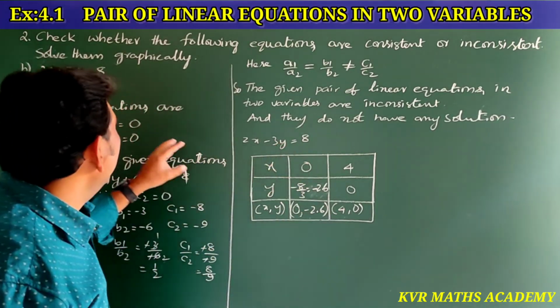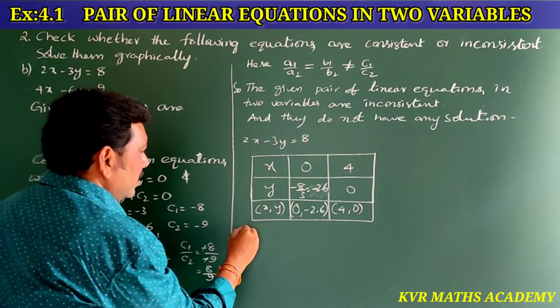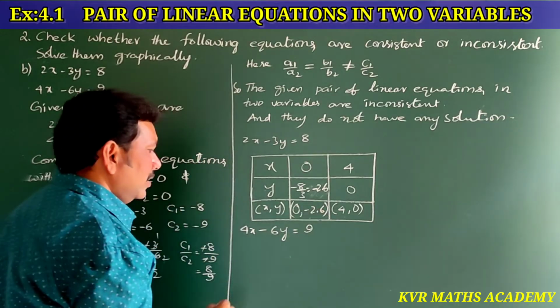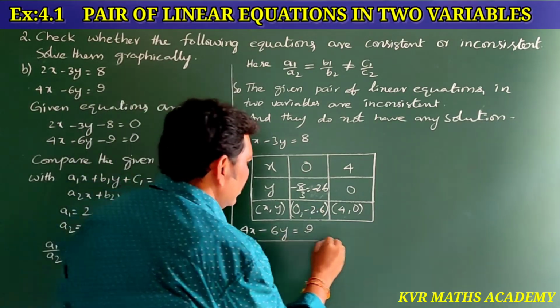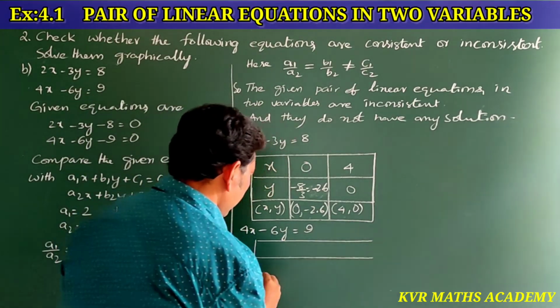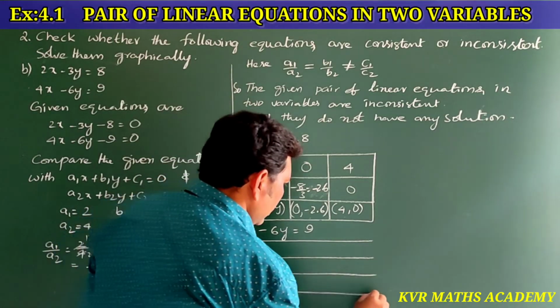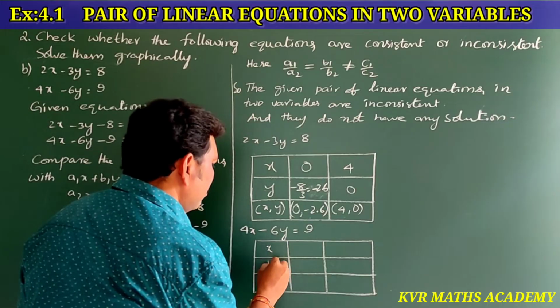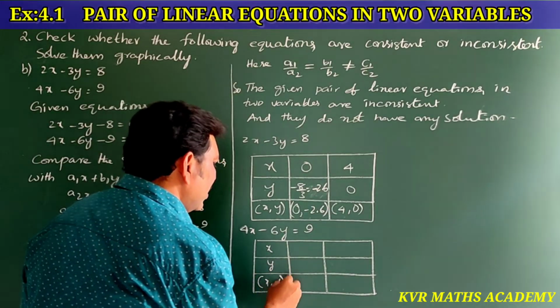So in the same way, second equation also, 4x minus 6y is equal to 9. See, x, y, x comma y.